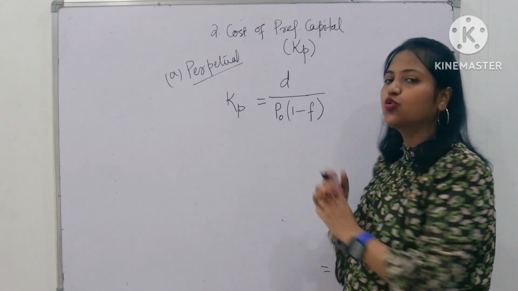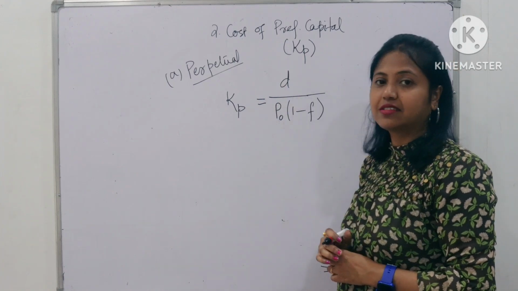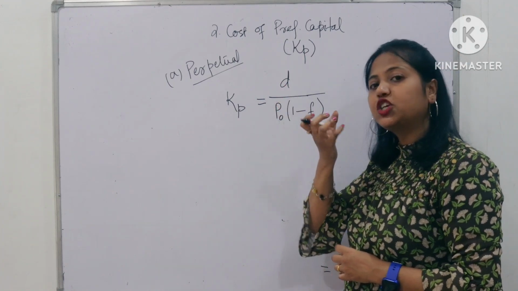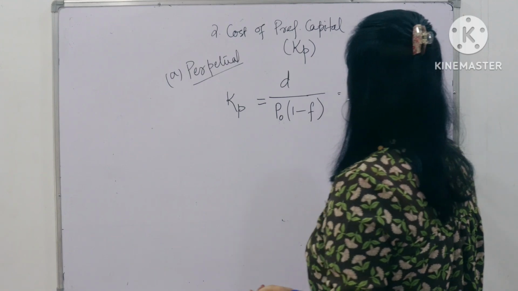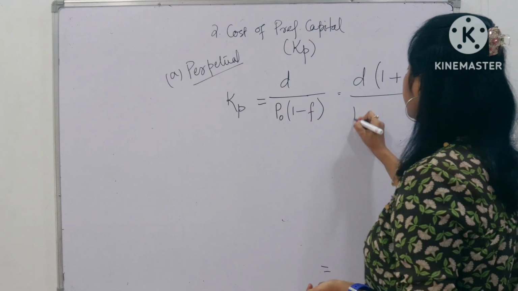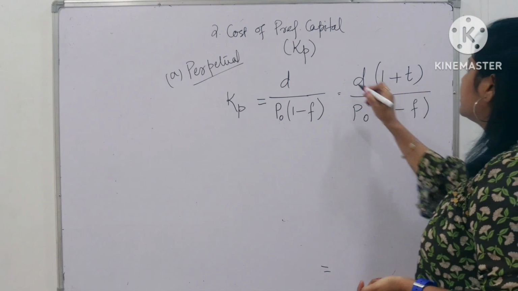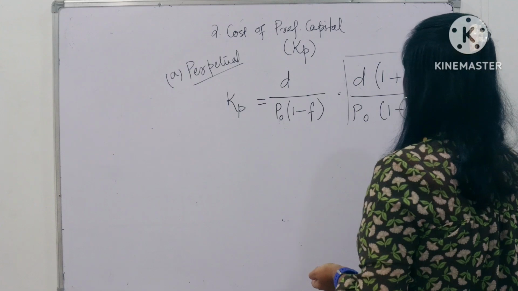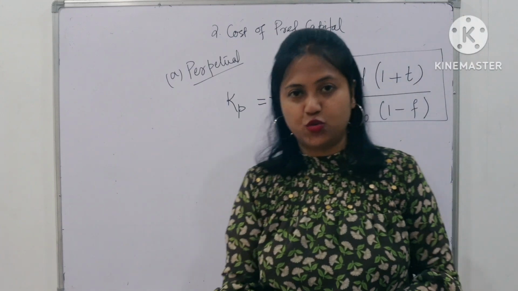But this is not so in case of preference capital, because the dividend is not tax deductible. It is an appropriation of profits. So rather we have to pay tax: KP is equals to D into 1 plus T divided by P0 into 1 minus flotation cost. This happens to be the cost of preference capital if the preference share capital is perpetual.